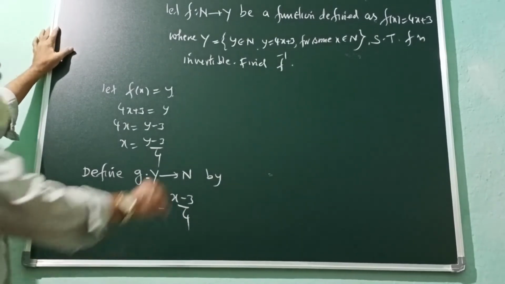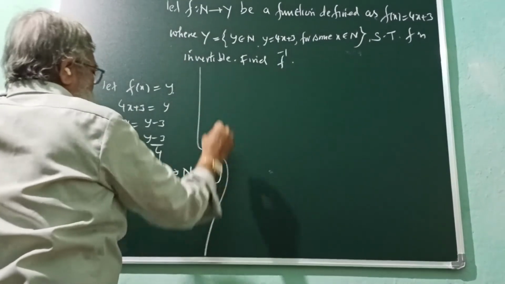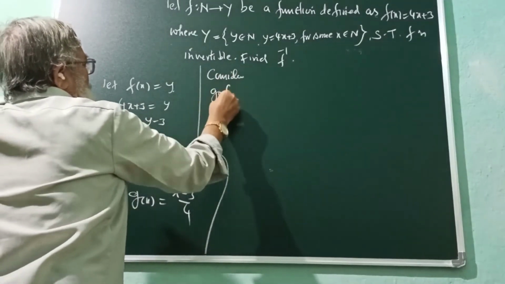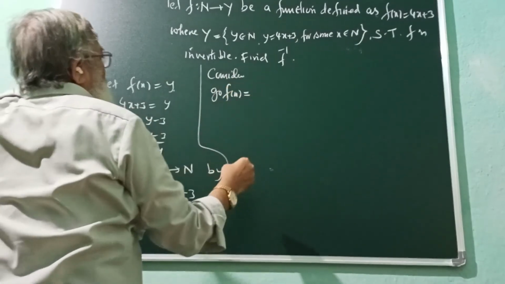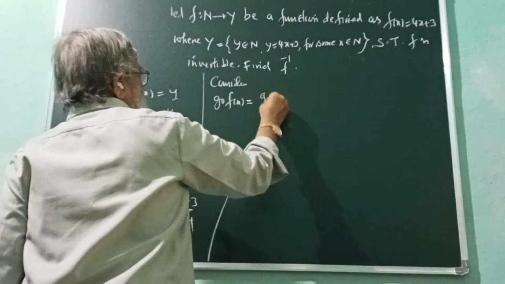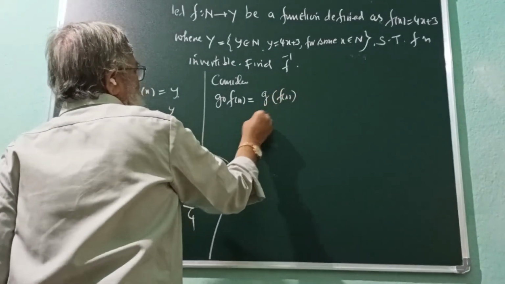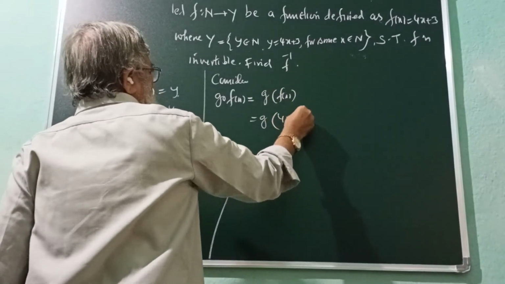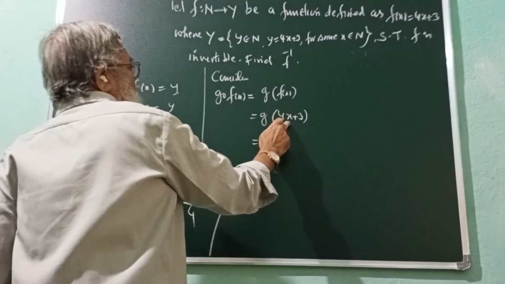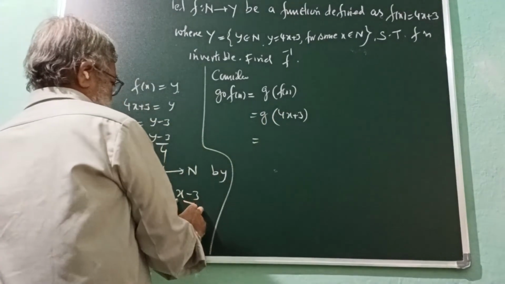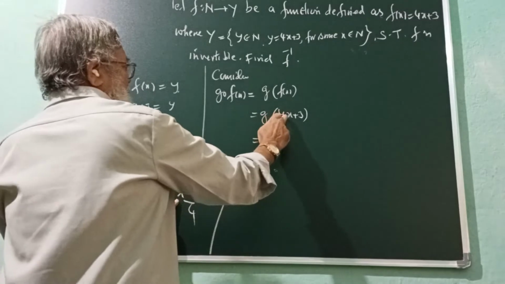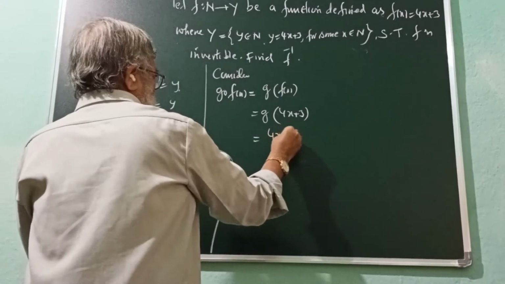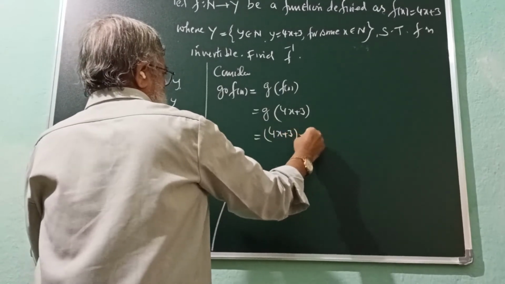Now we have to prove that, consider g composition f of x, that is equal to g of f(x), where f(x) is given by 4x + 3. Now we have to apply the g function on that. g is given by (x - 3)/4. Our x is this 4x + 3. So in place of x we have to write (4x + 3 - 3)/4.